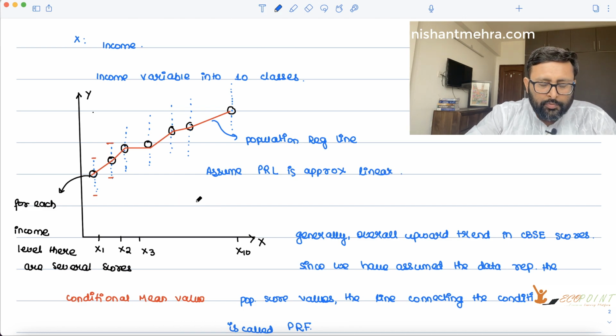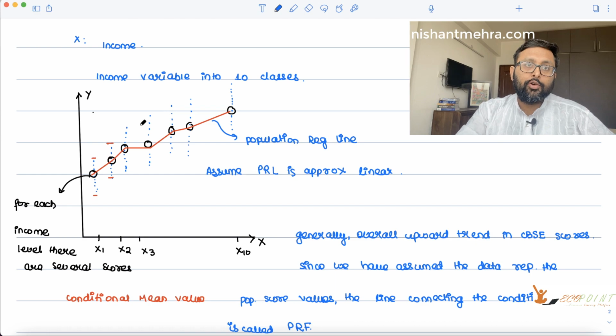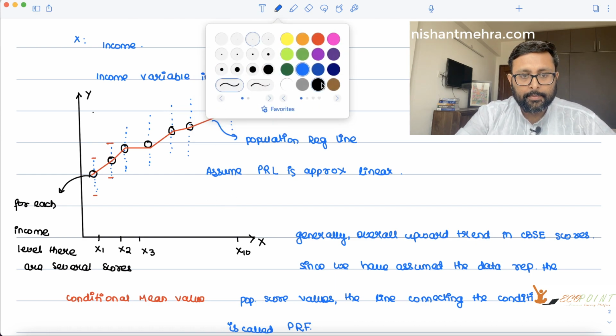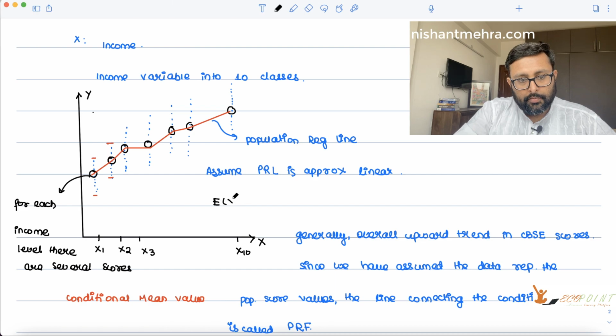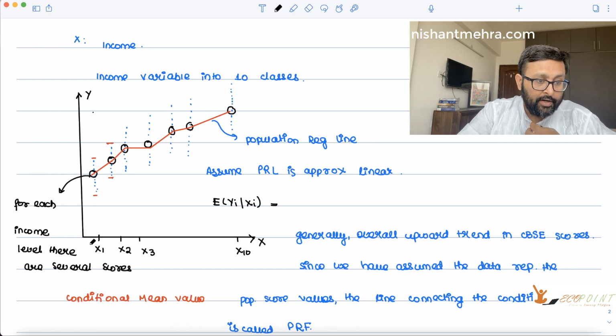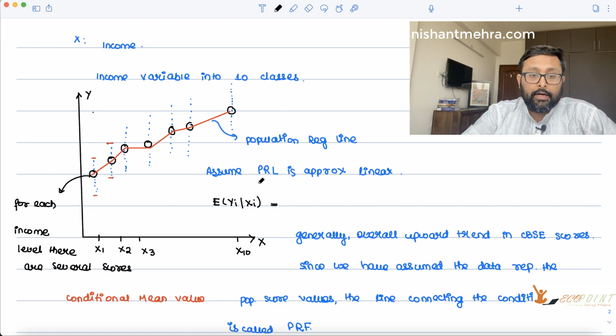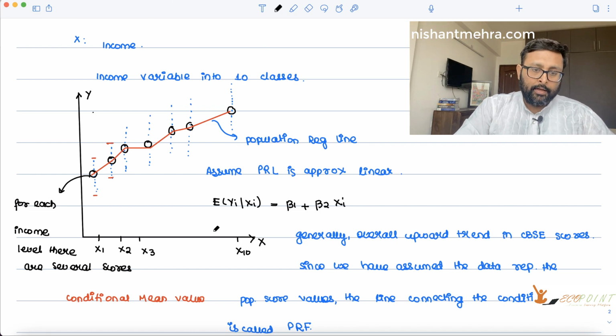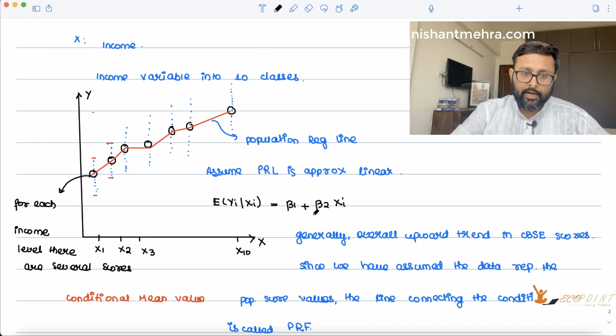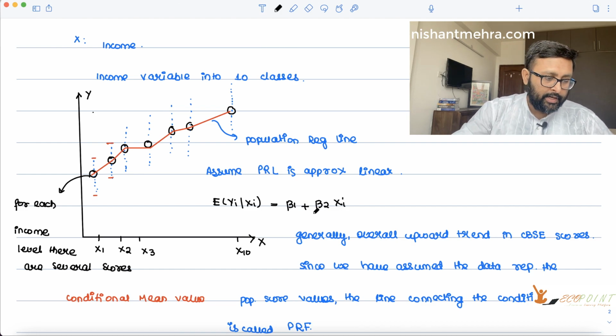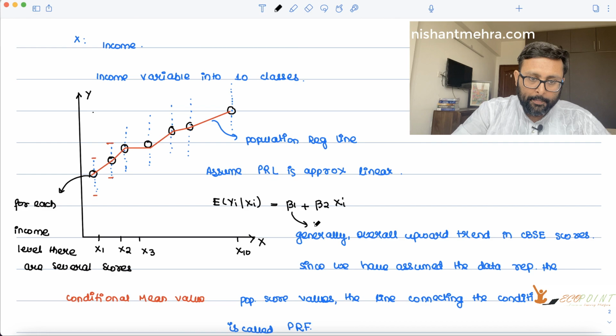Since this line is just connecting all the conditional means, I can write this as E(Y given Xi). So that's the conditional mean of these score values for a given income class, right? That is equal to beta 1 plus beta 2 Xi. So that's a linear line, Y equals mx plus c type. So this is your intercept term.